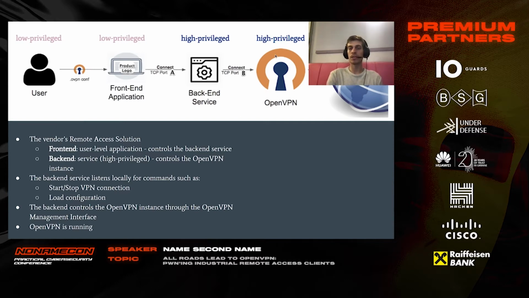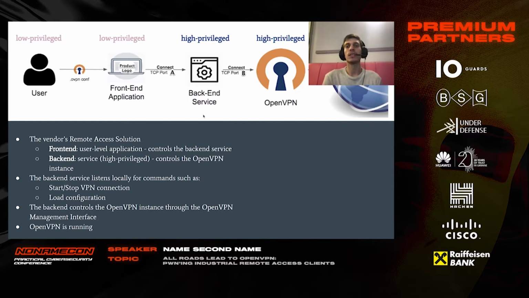And the OpenVPN instance is always listening for a command to start the tunnel or to kill the tunnel, and it does it again through the management interface feature. Now we have this backend service, which runs with high privileges.